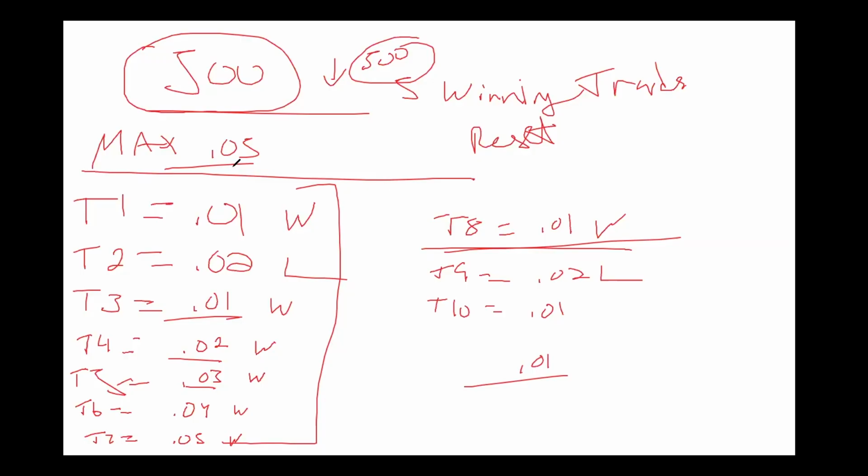So anytime that your balance goes below the initial investment of 500, you're trading 0.01s until you get back to 500. And then you could start doing this again. Because there's no point in you scaling this if you've had significant losses to where you're below your initial investment. That doesn't make any sense to take that risk.